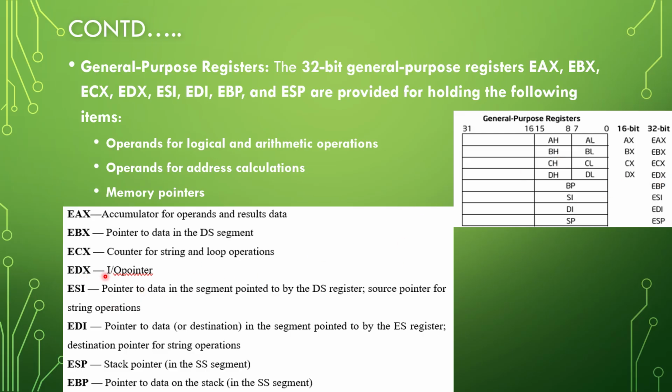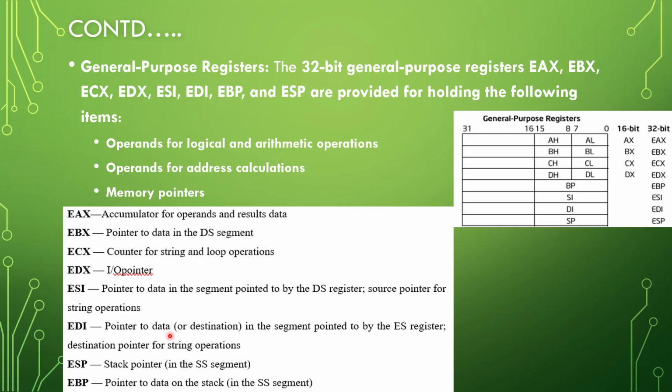Okay. Then comes EDX. What does EDX indicate? It is the input output pointer. Okay. And then comes ESI. ESI is a pointer to data in the segment pointed to by the DS register, the source pointer for string operations. Then comes EDI.